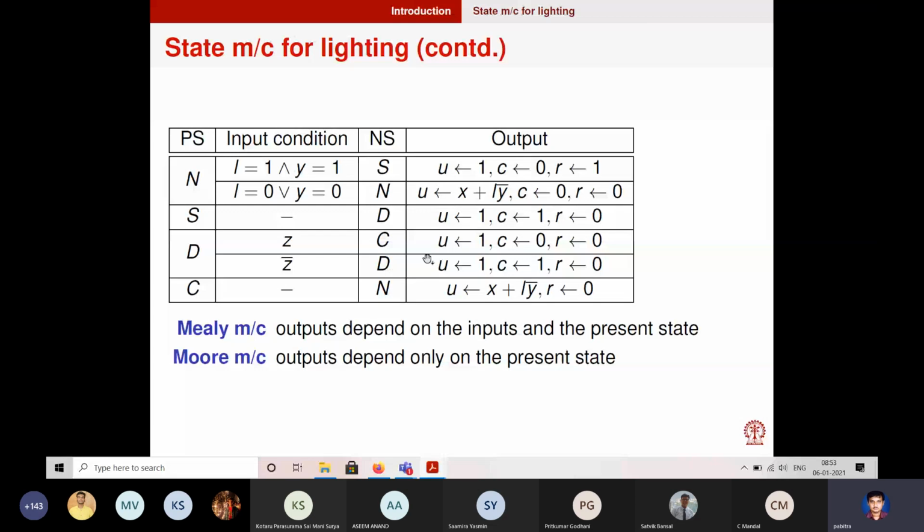Say for example, in this case, when the next state is S, and if this is your input signal, that is C is 0 and R is 1, you can turn on the light.